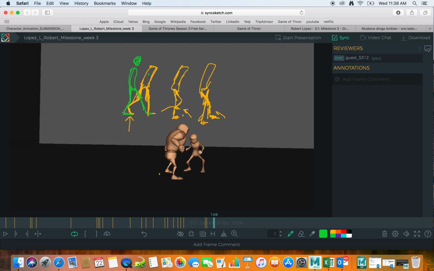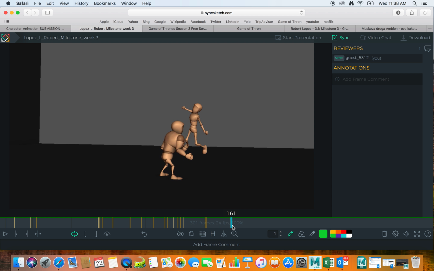You see that? So weight shifting, the movement of the hips, is incredibly important. And to get this animation correct, it has to be done correctly. Otherwise, it's not gonna look properly.